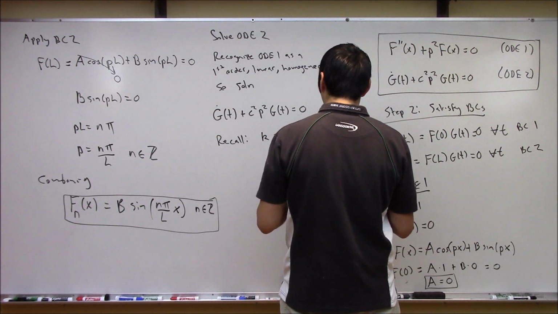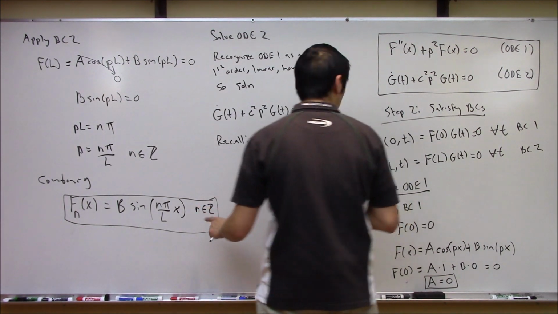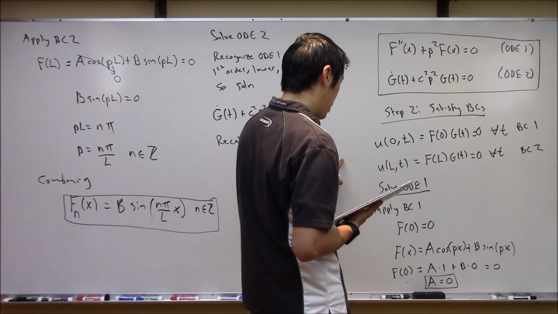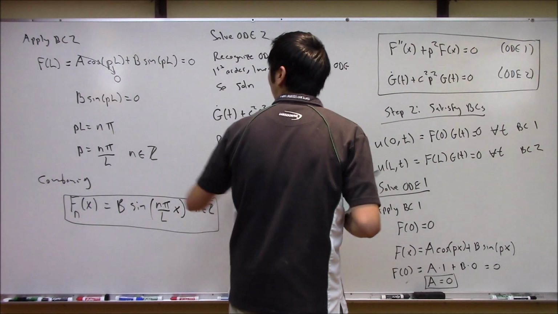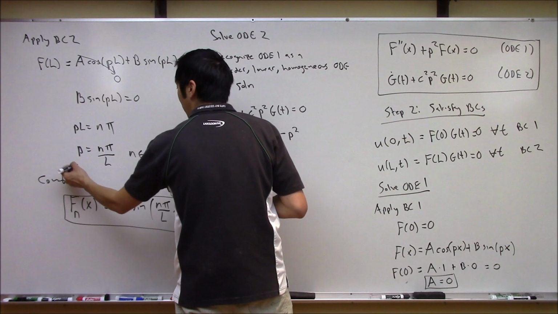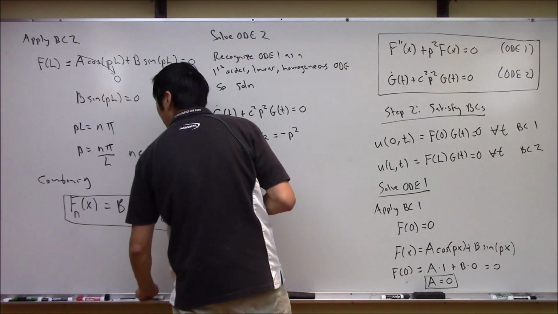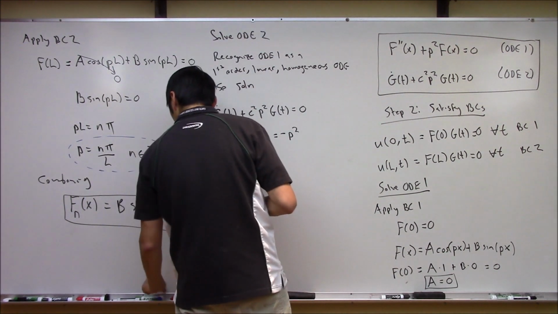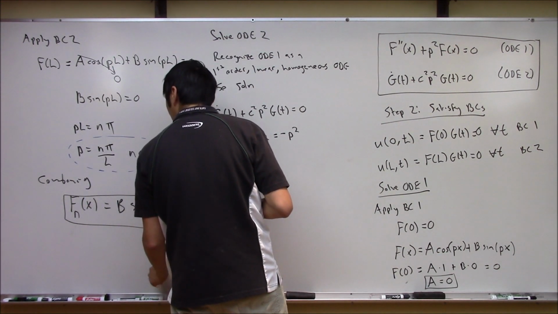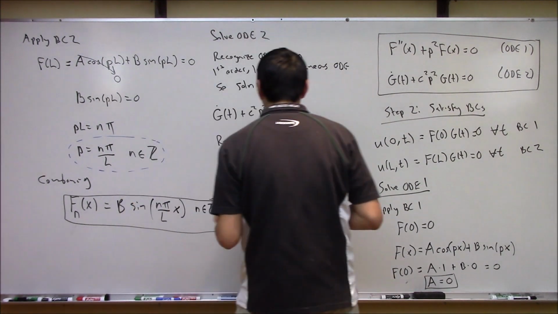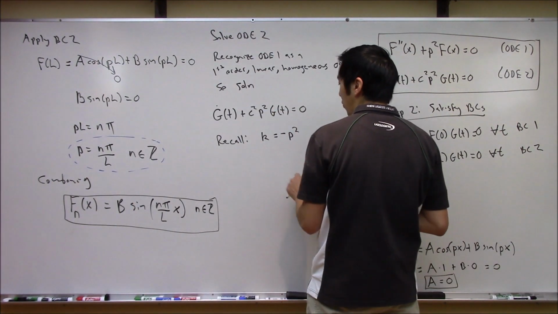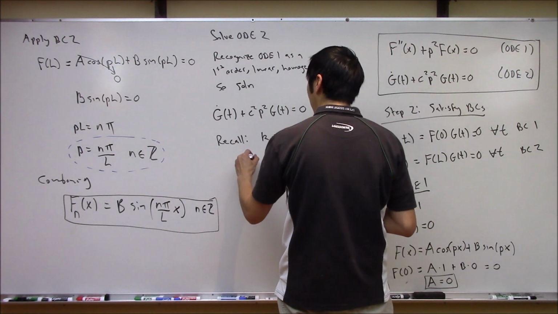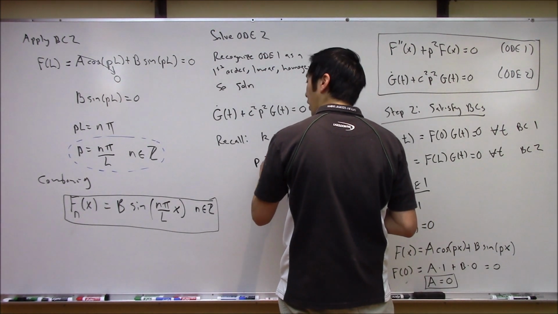And what we also just saw when we were solving ODE1 is that p can't be anything you want. P has to take very specific values, so p is not completely free. It has to follow this equation in order to be reasonable. So a couple of things to note: the separation constant was minus p squared, and also p has to be n pi over L.